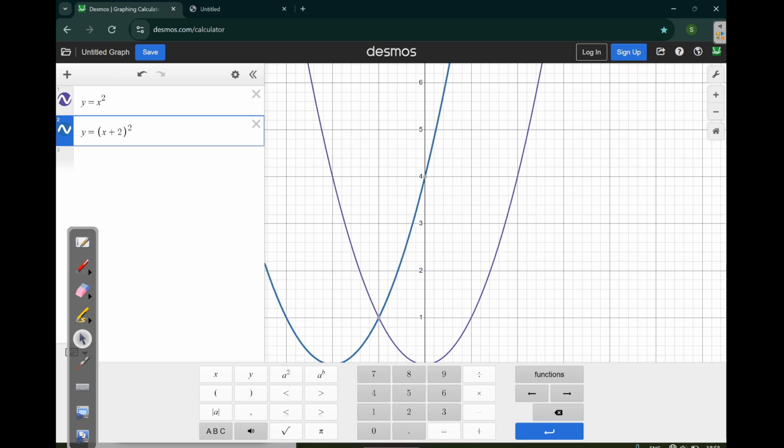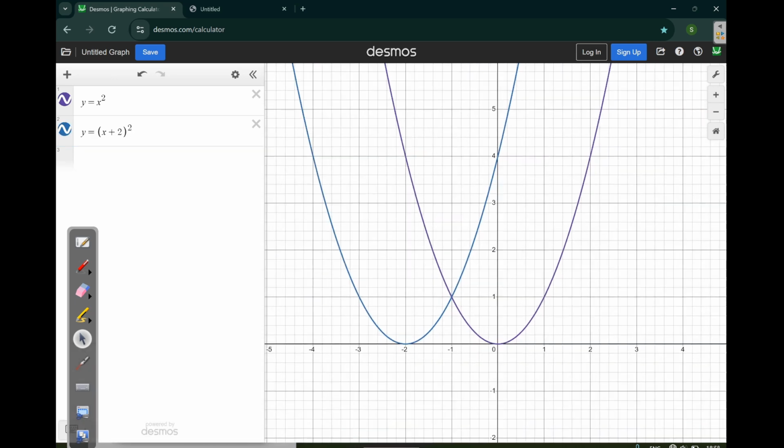You can see that it has moved to the left by 2 units, meaning this is a translation by vector negative 2, 0. So when this one is popping out from the function here, it comes in the translation vector as a negative.